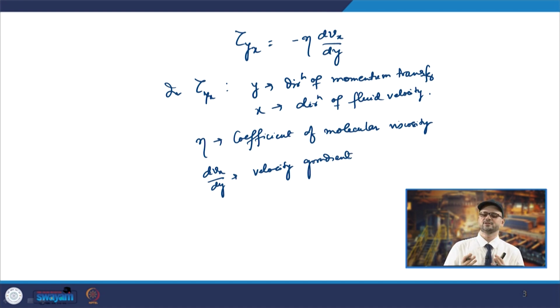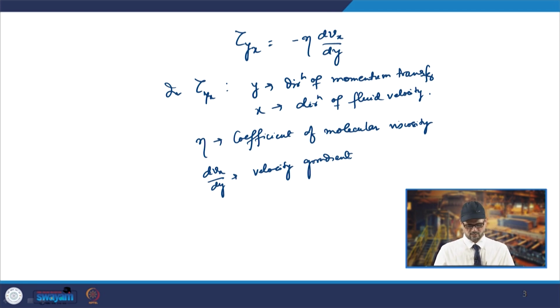Because eta has to be always positive, we put one negative sign in this term, which has a certain meaning. The viscosity value cannot be negative.